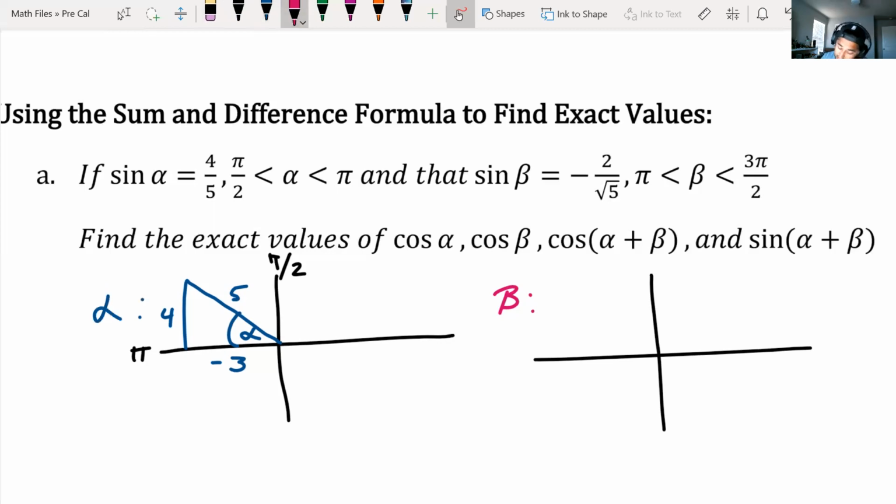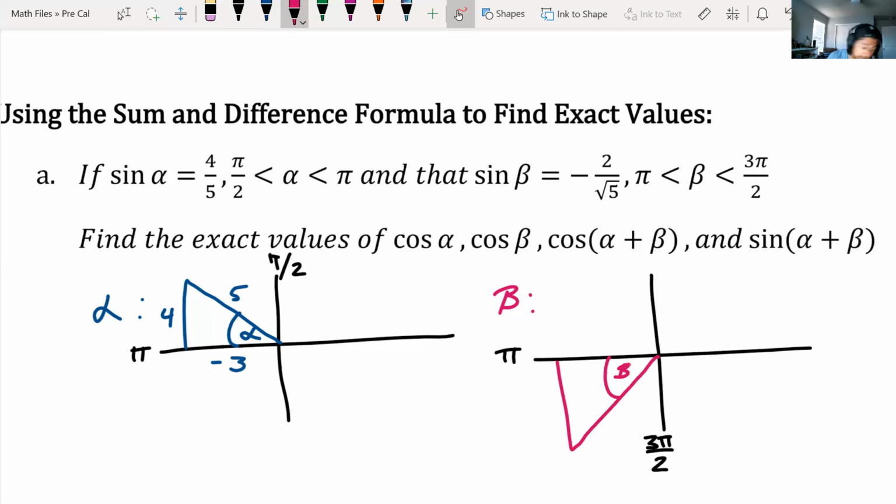Whatever, man. All right. So if beta is between pi and 3 pi over 2, what quadrant are we in? I'll let someone else answer. 3. We're in quadrant 3. Good, Roman. There's beta.